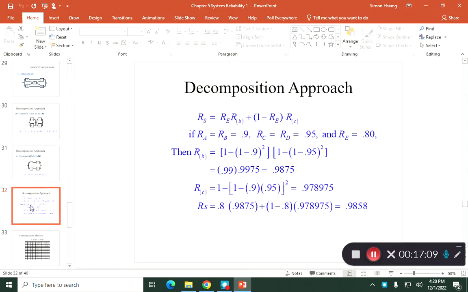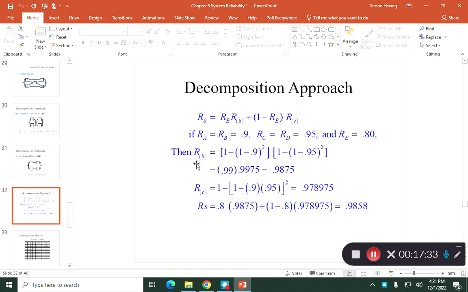Now we can play this numerically. The system reliability depends on whether E fails or E does not fail. So let's have an E probability: RE times RB and 1 minus RE times RC. And let's plug in some numbers for A, B, C, D, and then RE.